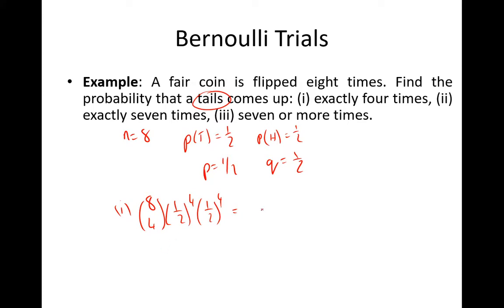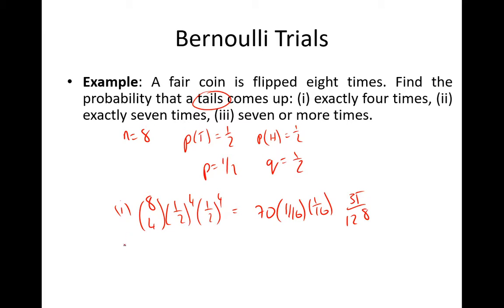So 8C4 is 70, multiplied by, well, 2 to the power of 4 is 16, 1 over 16, and again 1 over 16. So 70 multiplied by 1 over 16 multiplied by again 1 over 16, and that comes out, the trusty calculator, as 35 over 128. So that's the first one.